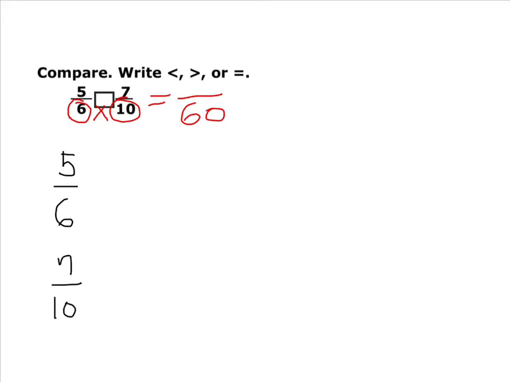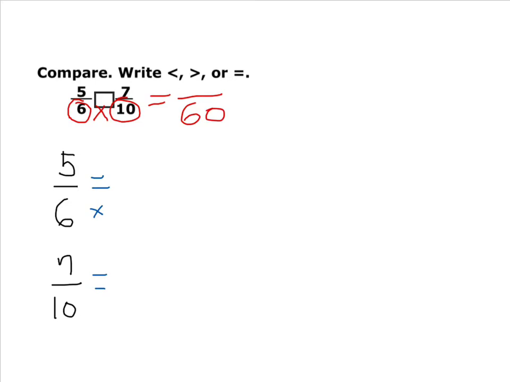Now remember, whenever we are changing fractions, we're not really changing the value, because whatever we do to the top, we also have to do to the bottom. For example, on 5/6, we know that 6 times 10 is 60.